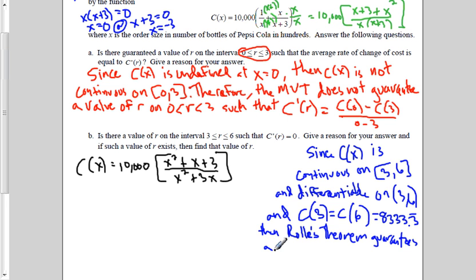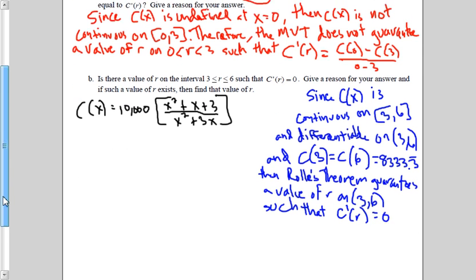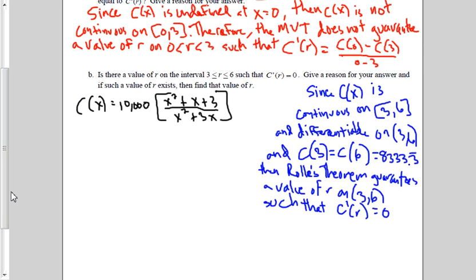Guarantees a value of r on the open interval from 3 to 6 such that c prime of r equals 0. Okay? And now that's what we're going to look for.